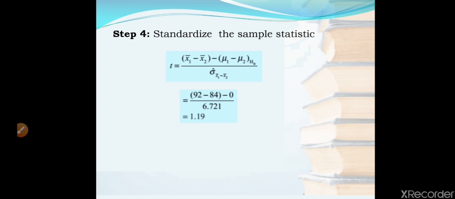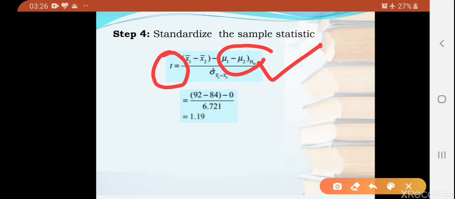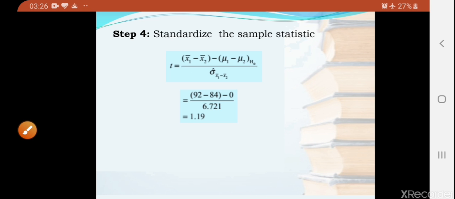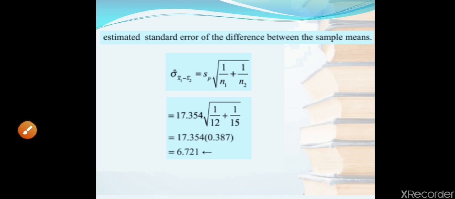And step 4, standardize the sample stats. For that, now again instead of z we will be using t. Formula is same. Here mu1 minus mu2 under h0 is 0. So substituting the values of means x1 bar and x2 bar and the calculated value of sigma x1 bar minus x2 bar, we get the t value as 1.19.